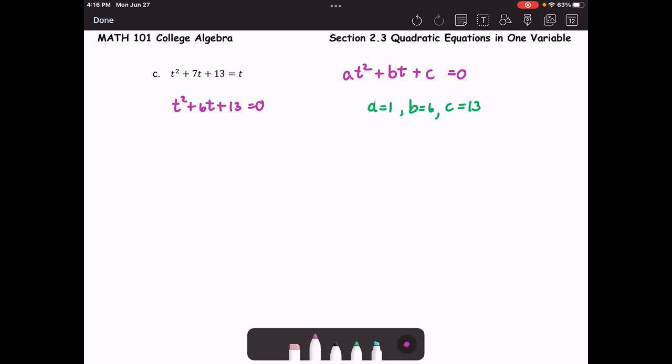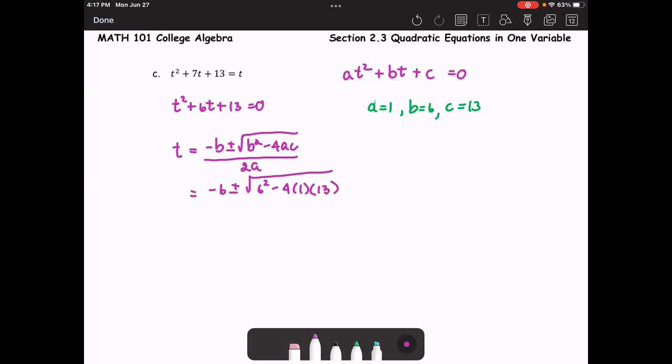Using the quadratic formula, solving for t, or for the unknown: negative b plus or minus the square root of b squared minus 4ac, all divided by 2 times a. So negative b, which is negative 6, plus or minus the square root of b squared, or 6 squared, minus 4 times a, which is 1, and c is 13, all divided by 2 times a, which is 2 times 1.